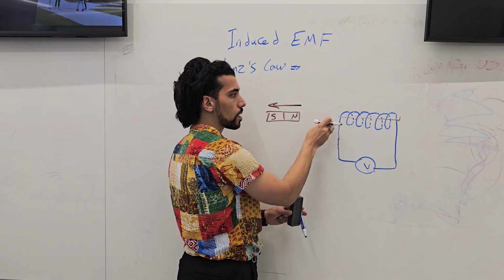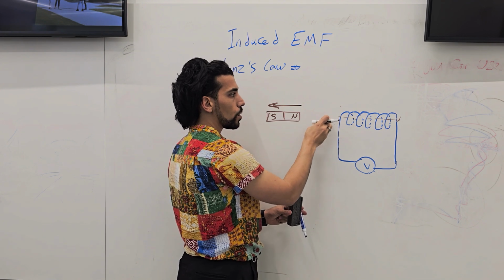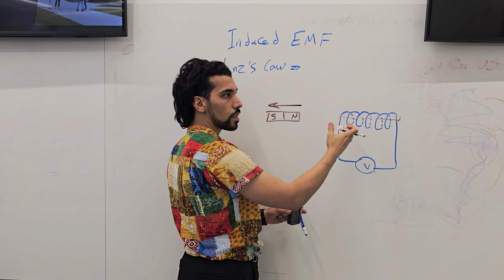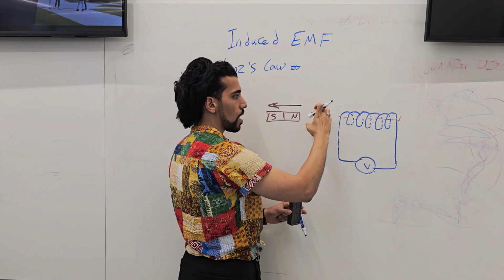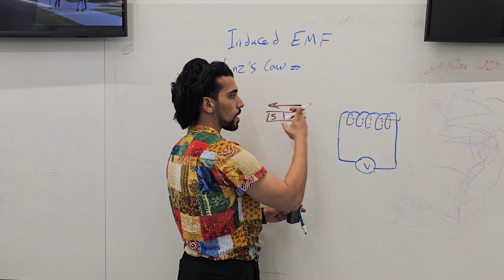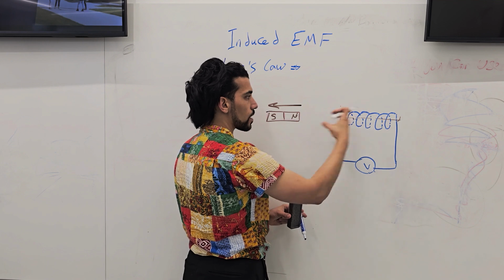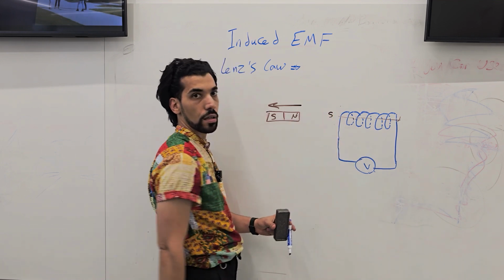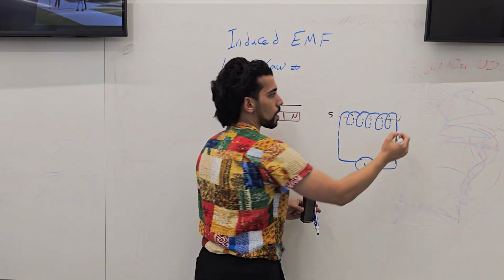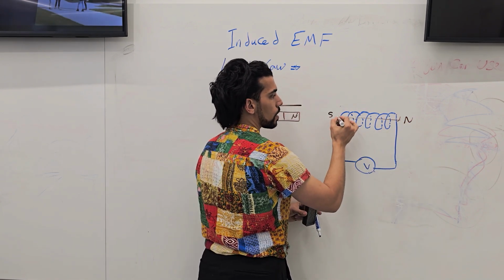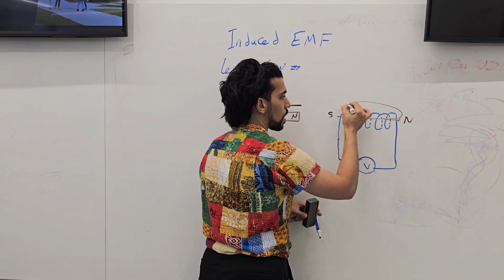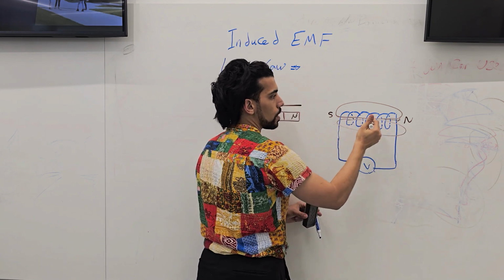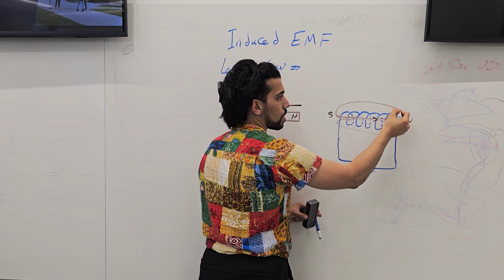That means this coil is going to induce some electromotive force so that it creates a current, a magnetic field, that stops this magnet from going away, kind of tries to attract it. To attract this one means we need to have here a south. A south means this is a north, and the magnetic field around here as well is going to be in this direction.